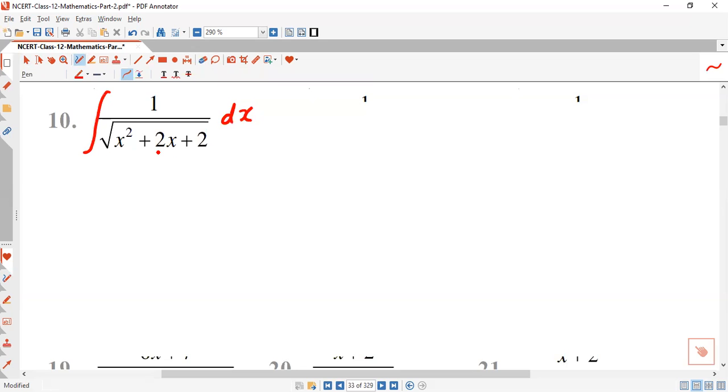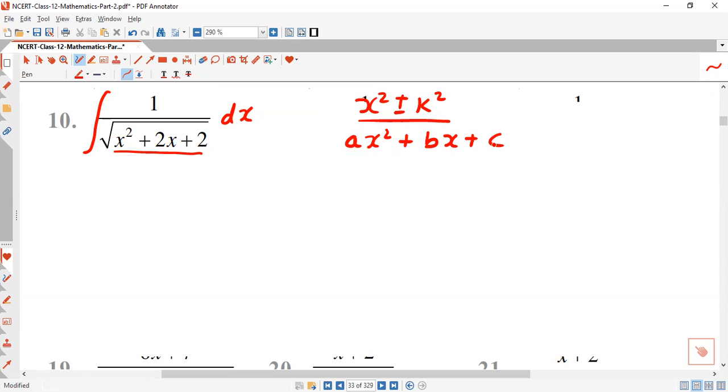First of all, I have to convert the denominator part into terms of the form x square plus or minus k square, so that I can apply the formula. For that purpose, I will compare this with the standard quadratic polynomial, ax square plus bx plus c.